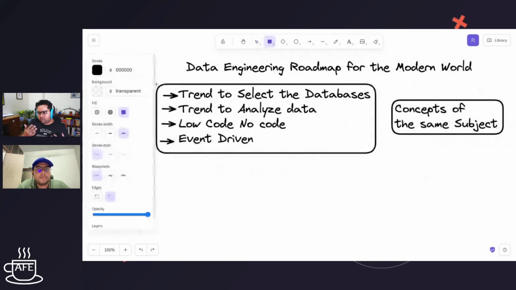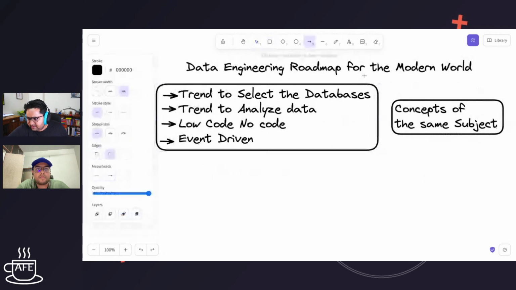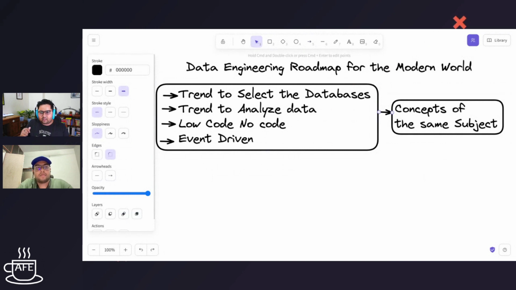So what is event driven? Let's take cricket. India loves cricket, and we'll talk about cricket. So you have IPL going on, or I don't know if it's going on or not. I'm sorry, I don't follow cricket, but let's just say you have sports data and cricket is happening. So you have a lot of data generated really, really fast.